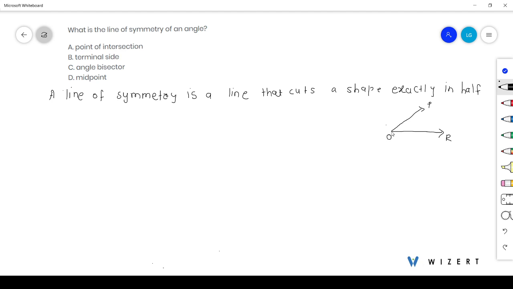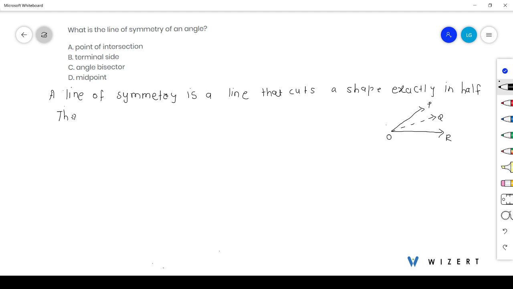We can draw a line of symmetry from this point O. Suppose this is OQ. Here we can observe there is one line of symmetry which is symmetric along the angle bisector OQ. Hence, the line of symmetry of an angle is the angle bisector.